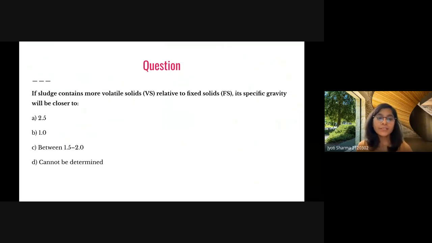Okay, if sludge has more volatile solid relative to fixed solid, its specific gravity will be closer to: 2.5, 1, between 1.5 to 2, or cannot be determined. What do you think?